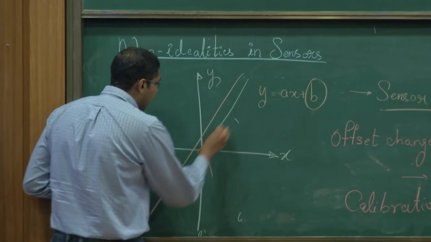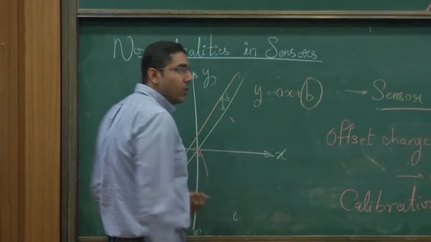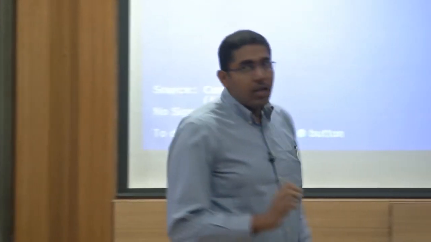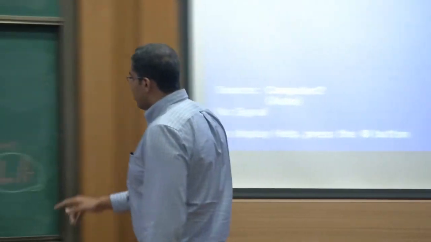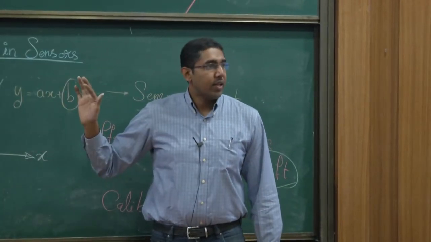You can simply subtract this output with a value of B, and you are back to the perfect ideal output. But that is not the case. This output offset actually changes with time.